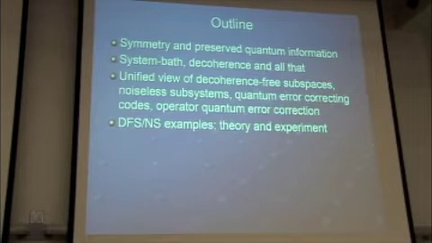And then I'll talk about decoherence-free subspaces and noiseless subsystems, both at the level of theory, theoretical examples, and also experimental examples. And then in the second half, after the break, I'll switch gears and talk about dynamical decoupling, which is a different method for overcoming decoherence.